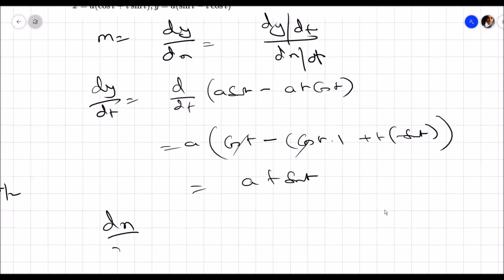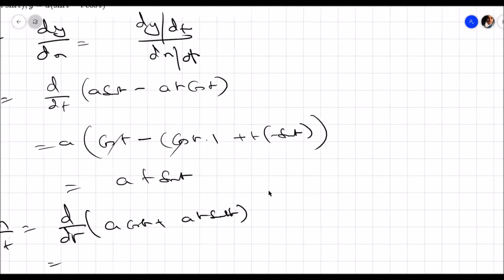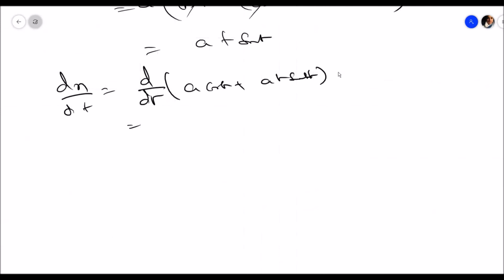And what about dx by dt? I'm sorry, this is y, so x will be a cos t plus a t sin t. So d by dt of that will give you the derivative of cos t, which is minus sin t, plus a t sin t.